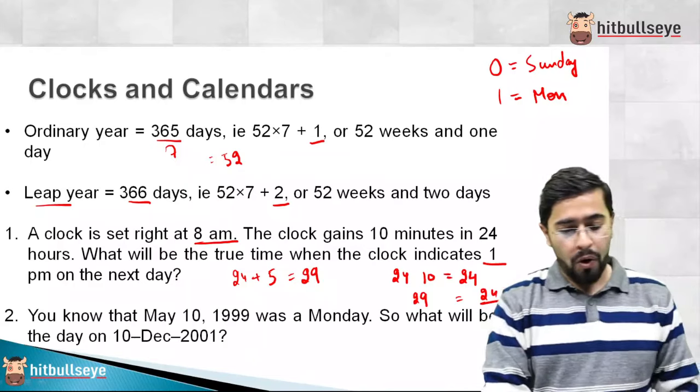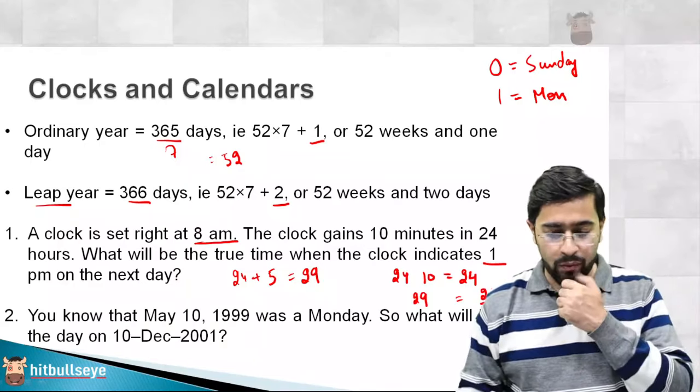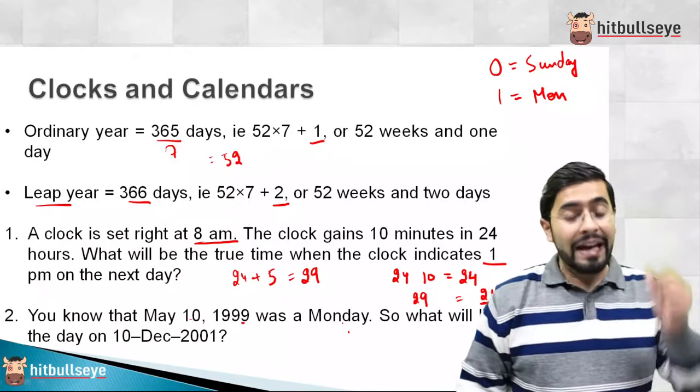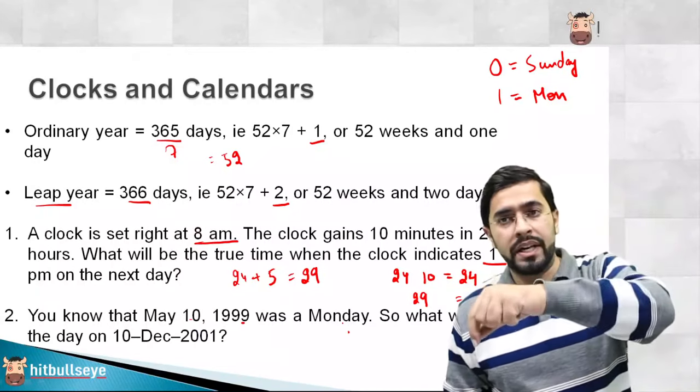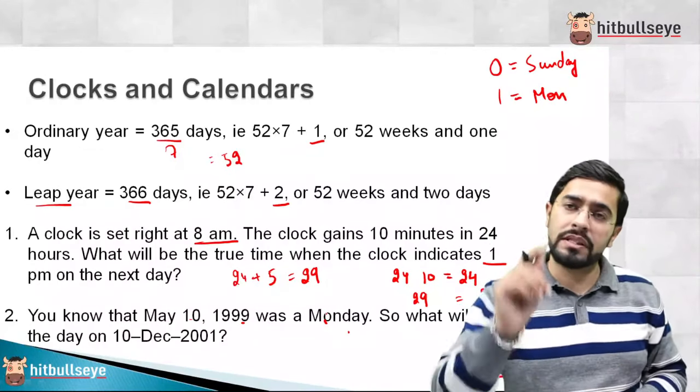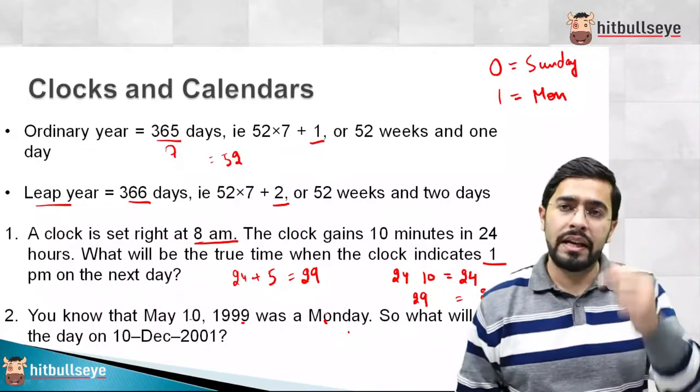You know that May 10, 1999 was a Monday. So what will be the day on 10th of December next year? So 10th May 99 was Sunday. 10th May 2000 would not be Tuesday, it would be Wednesday. Why? Because the year 2000 is a leap year. So May 10, 2000 would be a Wednesday.